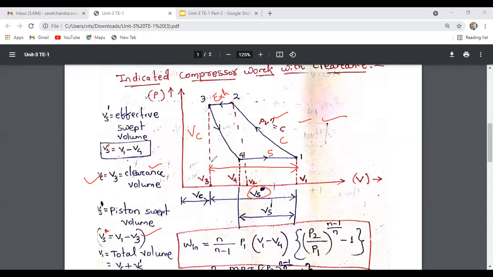From the total, if I subtract this part, I get my piston swept volume. That is why VS is V1 minus V3.